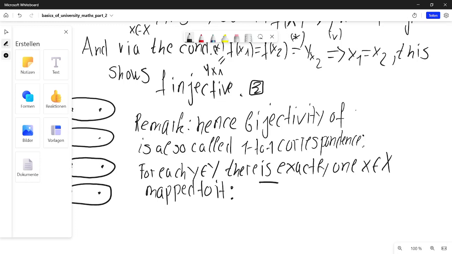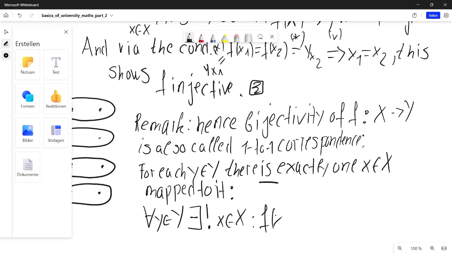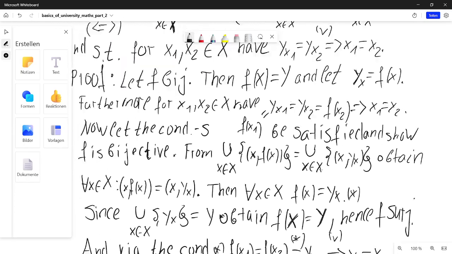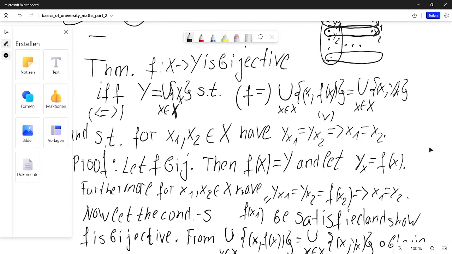Bijectivity of f, and in quantifiers, for all y in Y there is exactly one x mapped to it. Recall exactly one. And that means we can build those nice pairs. And that we have shown here, right?